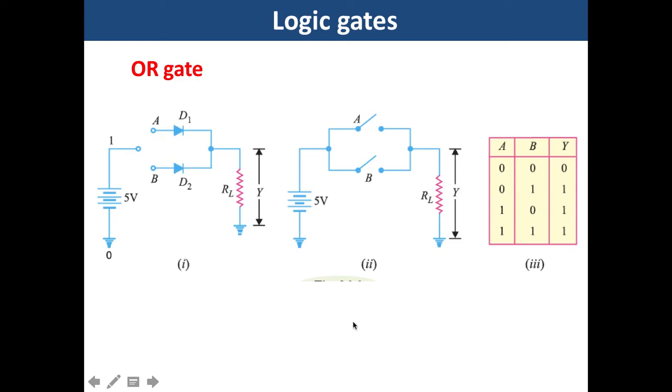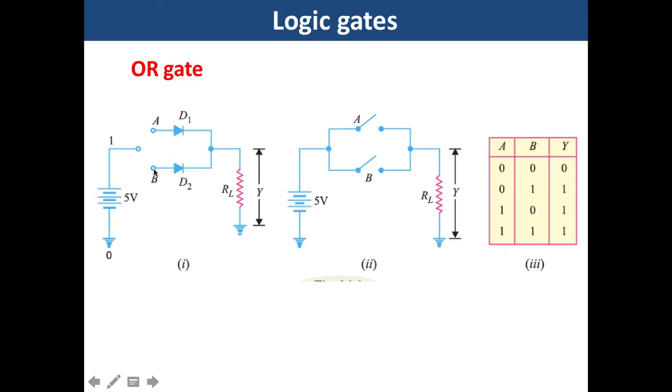First one is the OR gate. Here you can see the circuit of the OR gate: two inputs and one output. Let's apply different conditions.